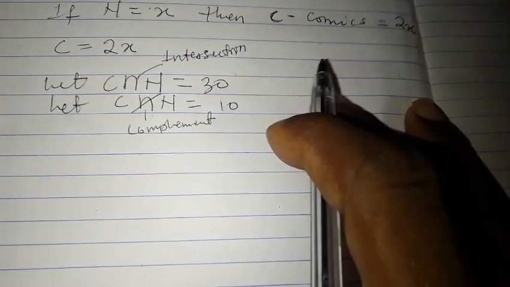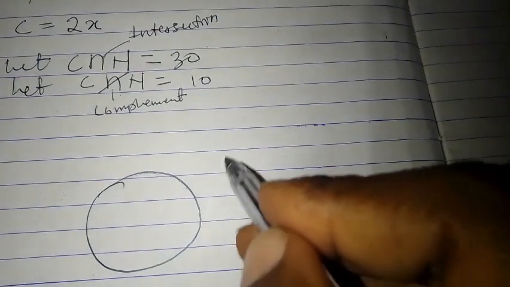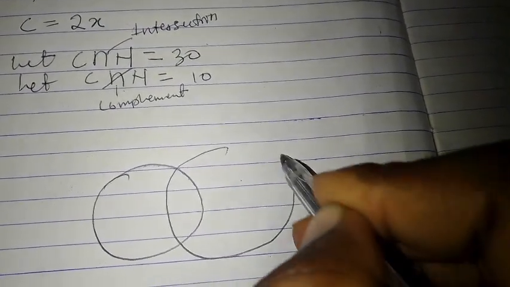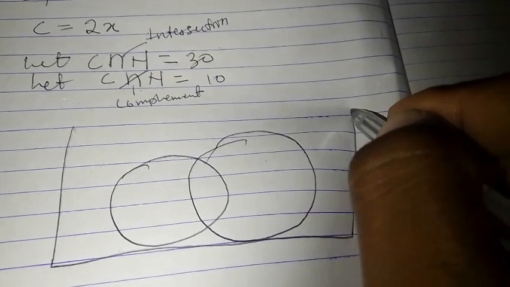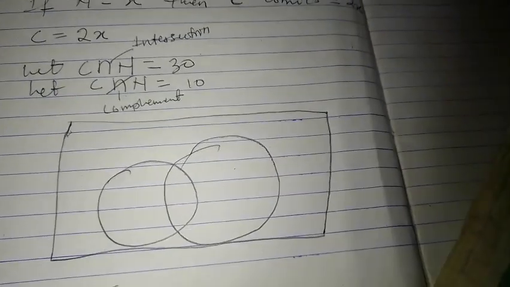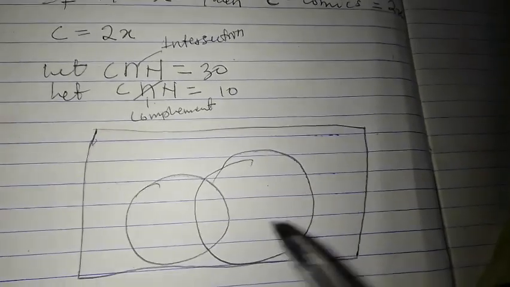And let's draw our Venn diagram. This is my box, my rectangle. My circle one is bigger than the other, don't worry about that.